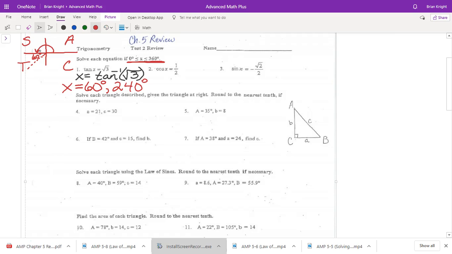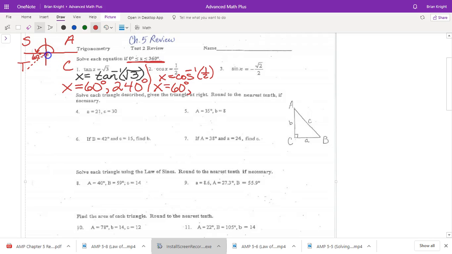Same thing on number 2. x is the inverse cosine of positive 1/2. What does the calculator give us? 60 again. But this time it's cosine. Is cosine positive? Yes. So where else is cosine positive?